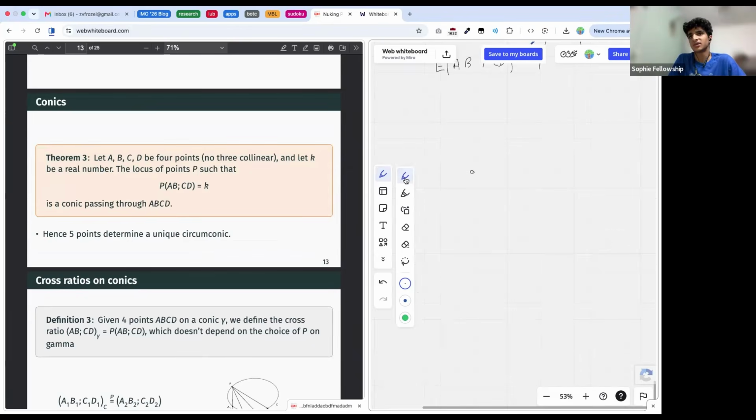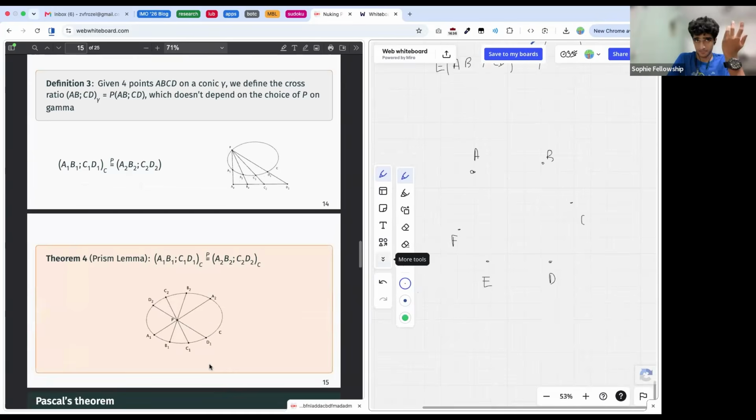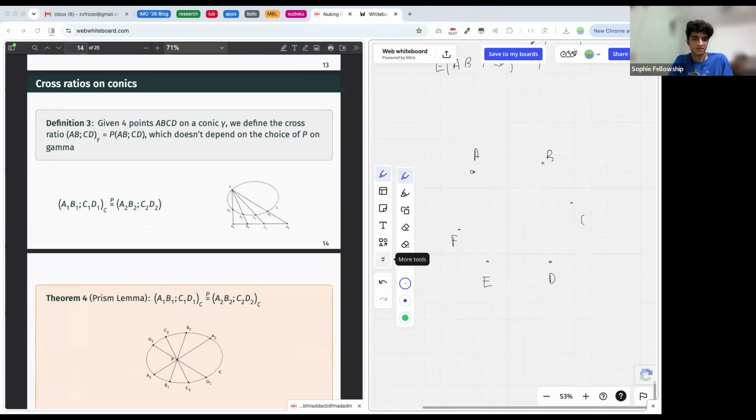So what are the conditions for 6 points to lie on a conic? If A, B, C, D, E, F are any 6 points, can you show whether they lie on a conic? Or does there exist some quadratic equation in X and Y such that these are roots? What's one way to do it, only based on the things that we have done so far?